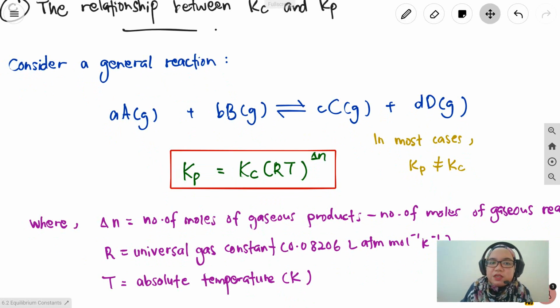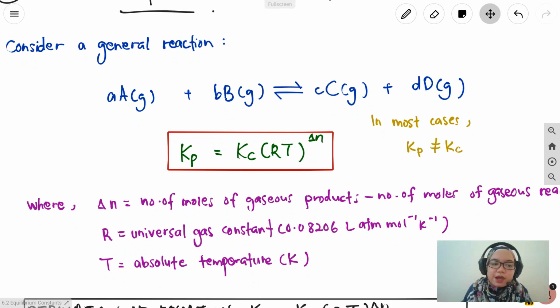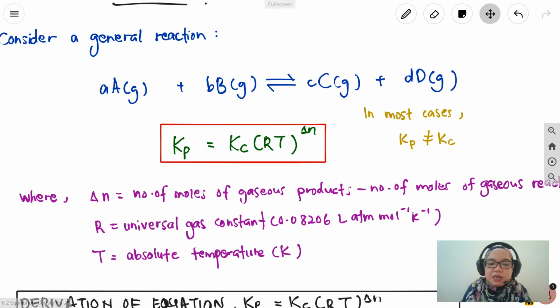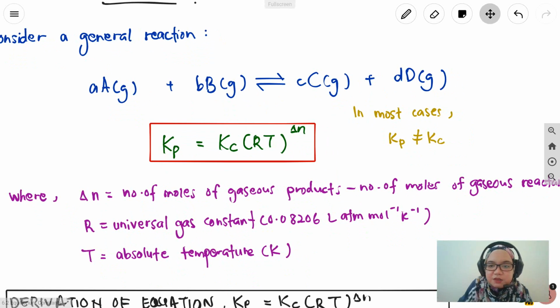So we know that the relationship between Kc and Kp is Kp equals Kc times RT to the power of delta N, where delta N is the number of moles of gaseous product minus the number of moles of gaseous reactant.